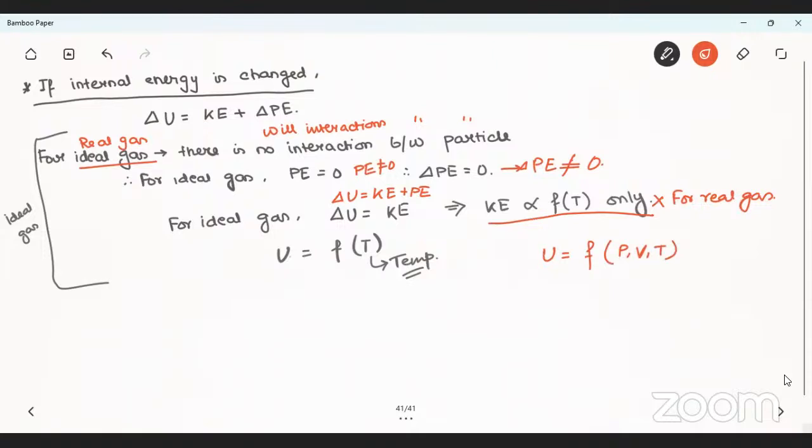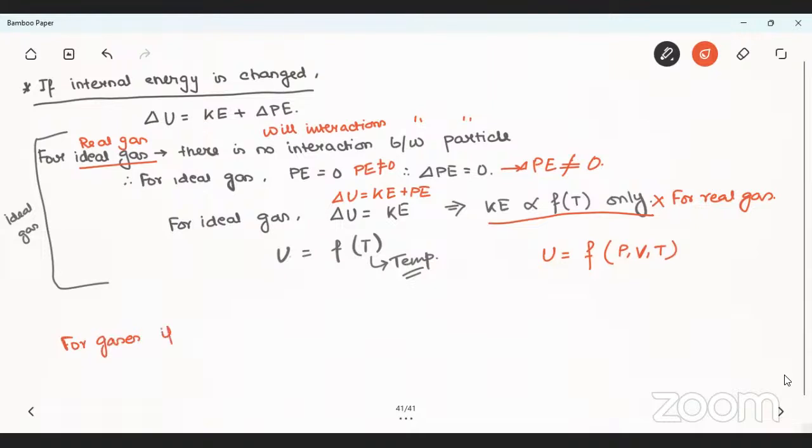So in case of gases, if the equation of state is known, then the state parameters can be determined using two variables, right? So what I told is for gases only.